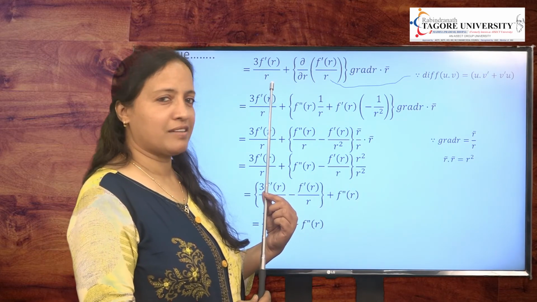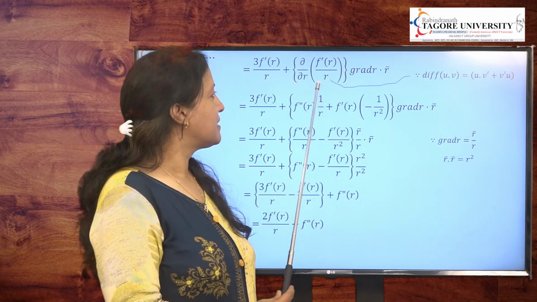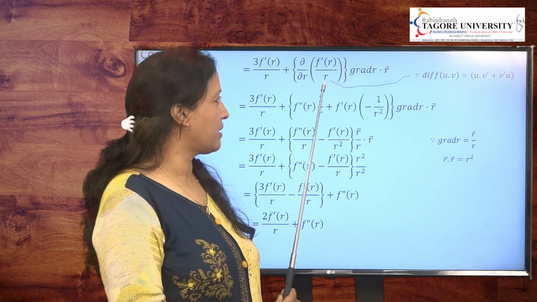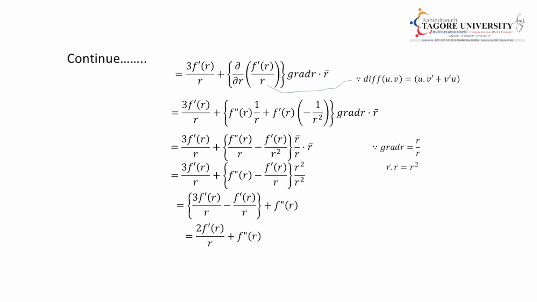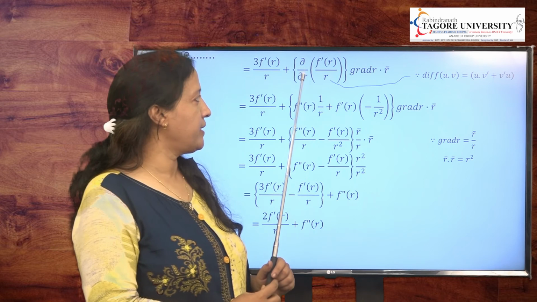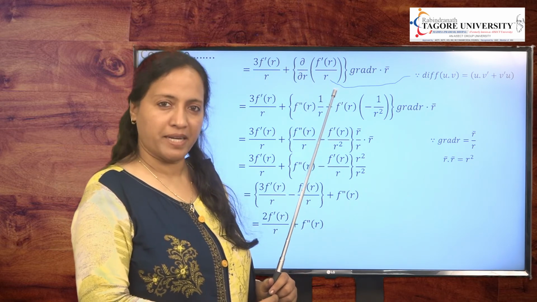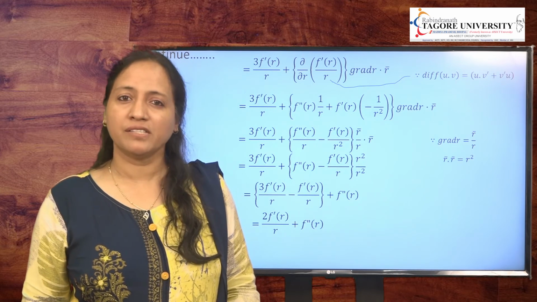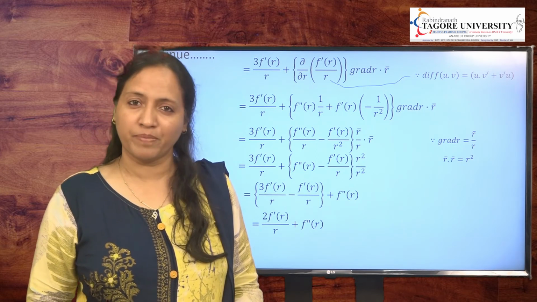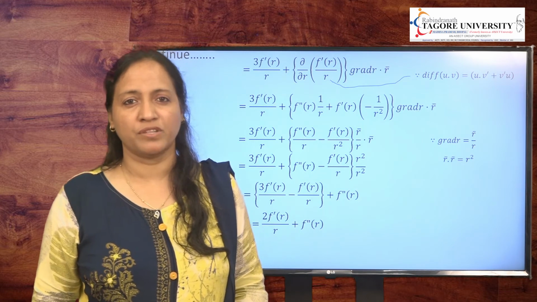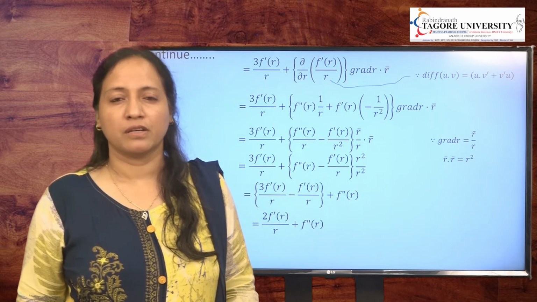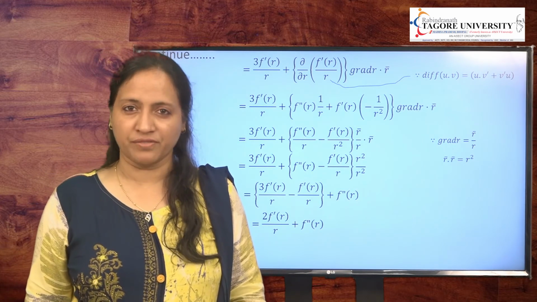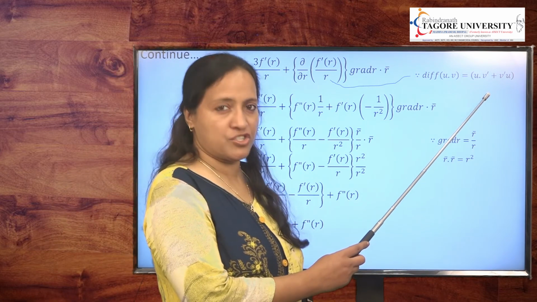So 3 f dash r by r plus del by del r of f dash r by r, grad r dot r vector. Now differentiating this f dash r by r, we can differentiate by the division rule as well as the product rule. As we know, differentiation of a product of two functions is first function times differentiation of second plus second function times differentiation of first. Here we are applying the product rule.